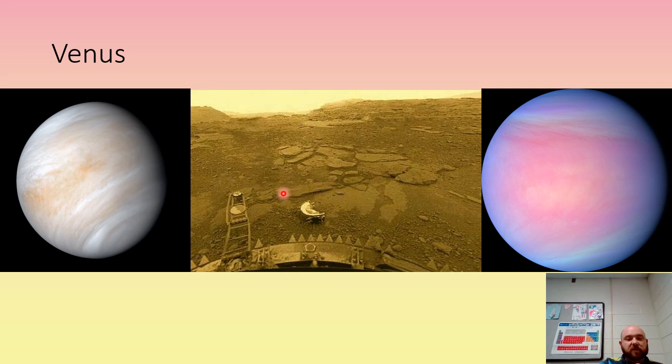The probe itself was only able to last for just a few minutes because of the high temperature and the high pressure. All its electronics and even metals were melted after being on the surface for just a few minutes. But in that short amount of time, they were able to beam back enough information that we were able to bond this image together, and this is the only image we have of the surface of Venus. But really pretty spectacular that we do have that.